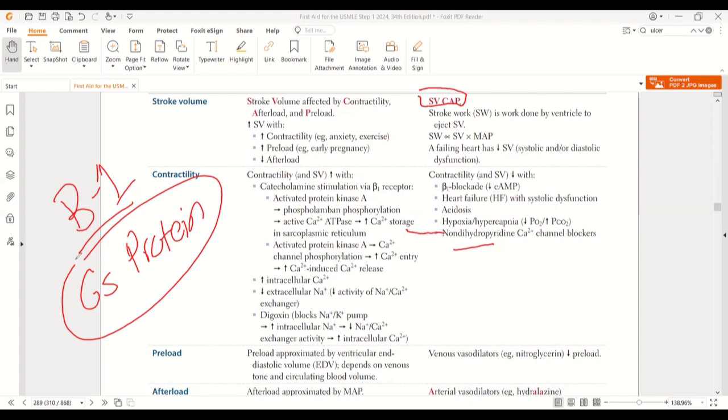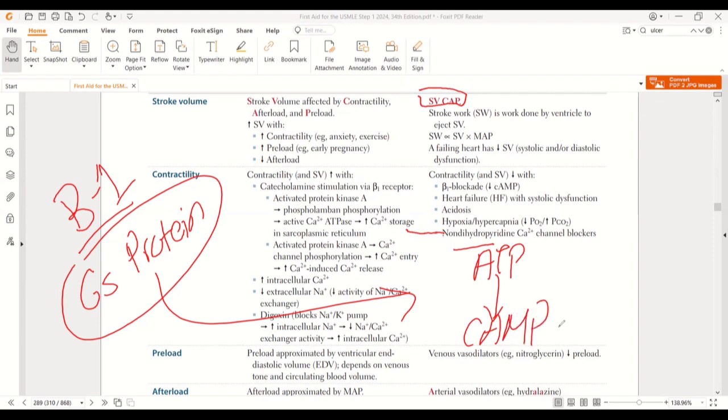So these are coupled with Gs protein. What does Gs protein do? Gs means stimulatory. They convert ATP to cyclic AMP.